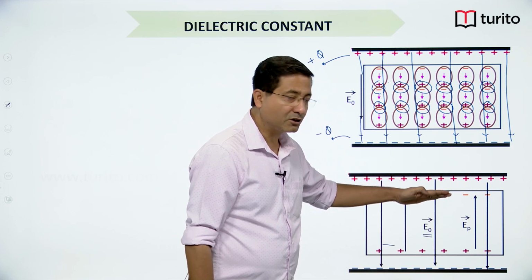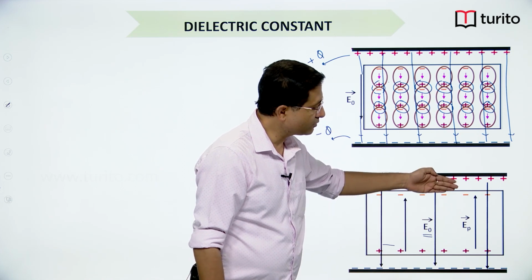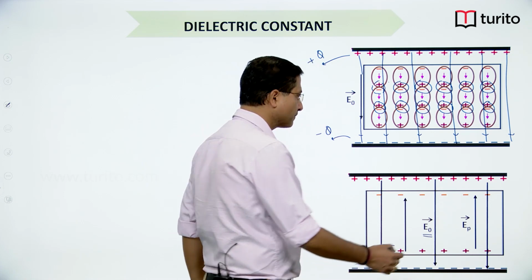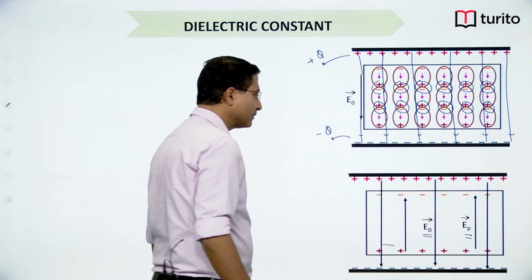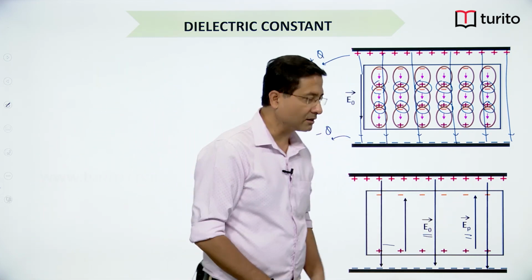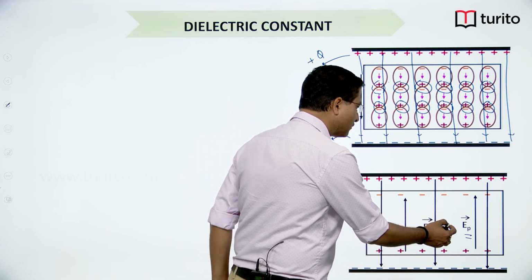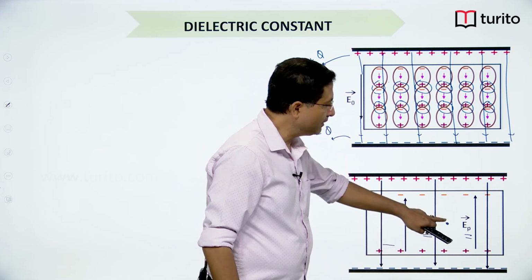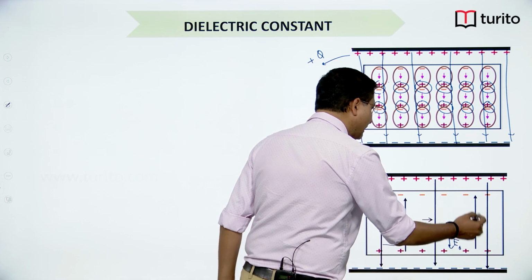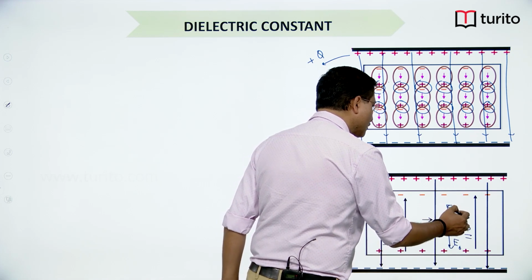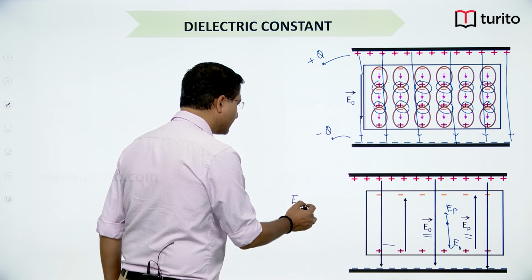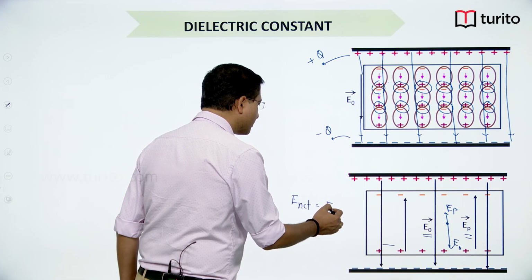Because of this charge which got induced, there will be a field from positive to negative in this direction, this EP, the field due to polarization, right. So, at a time there are two fields, one in this direction and another in this direction. If I ask what is the net field at this point, it is E naught in this direction and EP in the opposite direction. So, the net field E net is E naught minus EP.